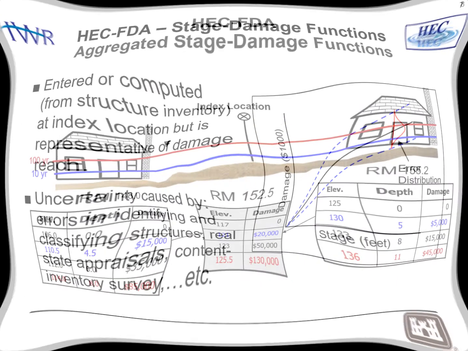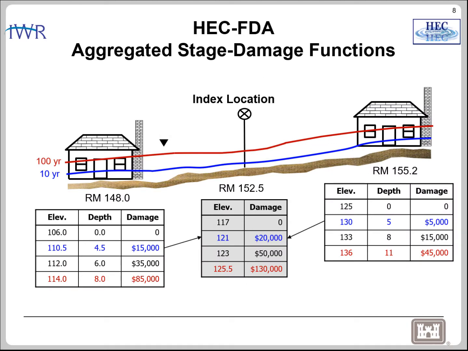I wanted to take a moment to remind you of how HEC-FDA aggregates stage damage functions at the index location. The example provided shows two structures. Both are damaged during the same flood, and we'll just look at the 10-year flood. For structure RM148, the 10-year flood damaged that structure at $15,000.